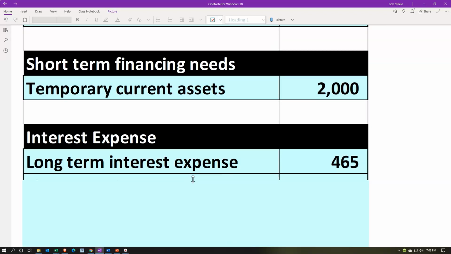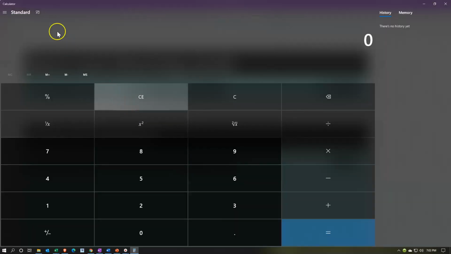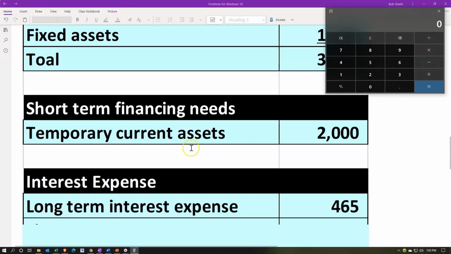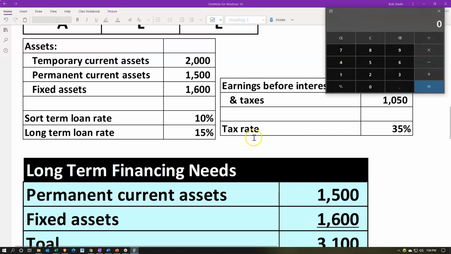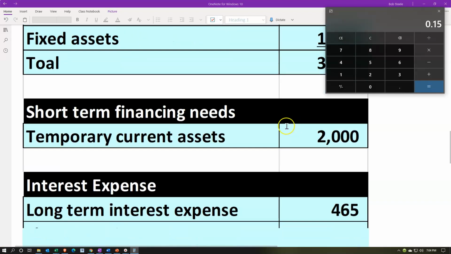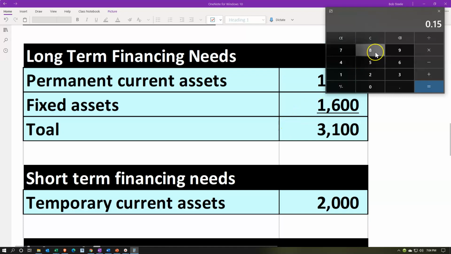The long-term interest expense is going to be the 465, calculated, let's pull out the trusty giant calculator, as the long-term rate of 0.15, or 15%, times the amount we're financing long-term, which we said was 3,100.